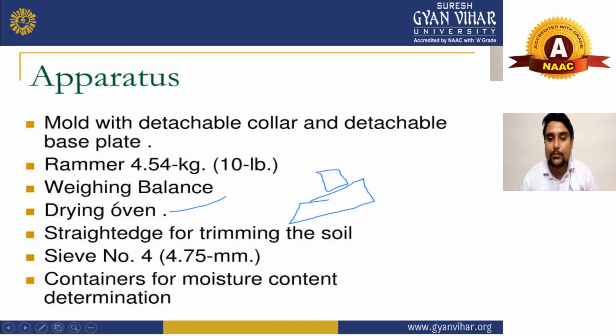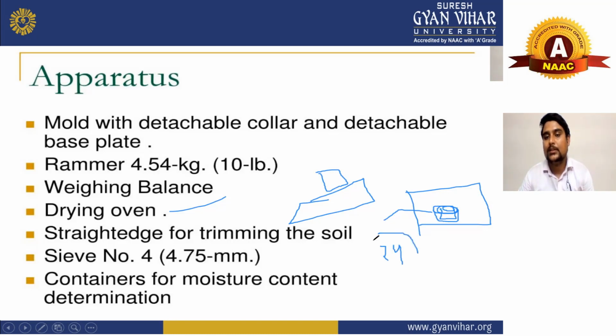Next is the drying oven. In the drying oven, you keep your sample in a small container, which may be of steel or brass, for 24 hours. This will be the same in all tests.